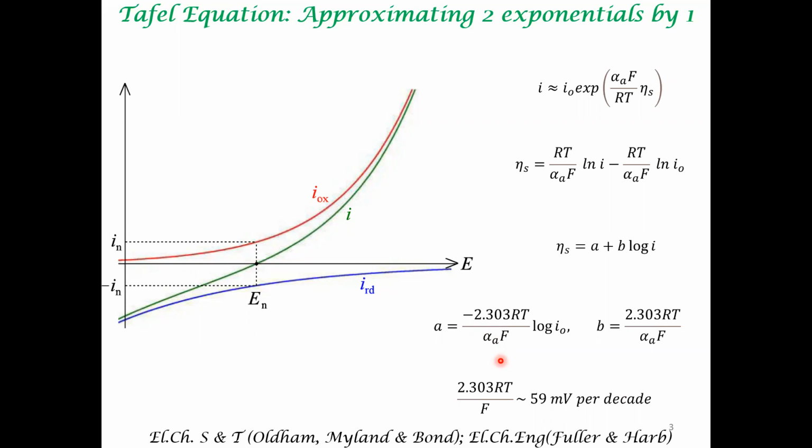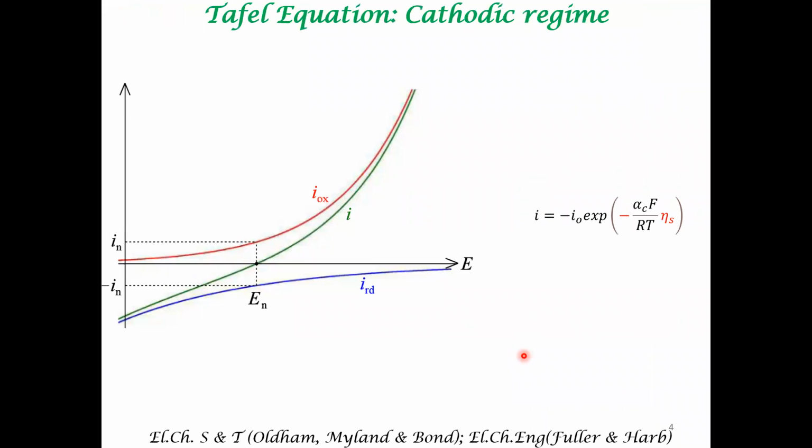And in practice, these are obtained via experiment. And this kind of analysis is going to be useful for getting alpha A. A similar analysis can be made in the cathodic region, and you can represent the net current by a single exponential in the cathodic region. Here you have alpha C.